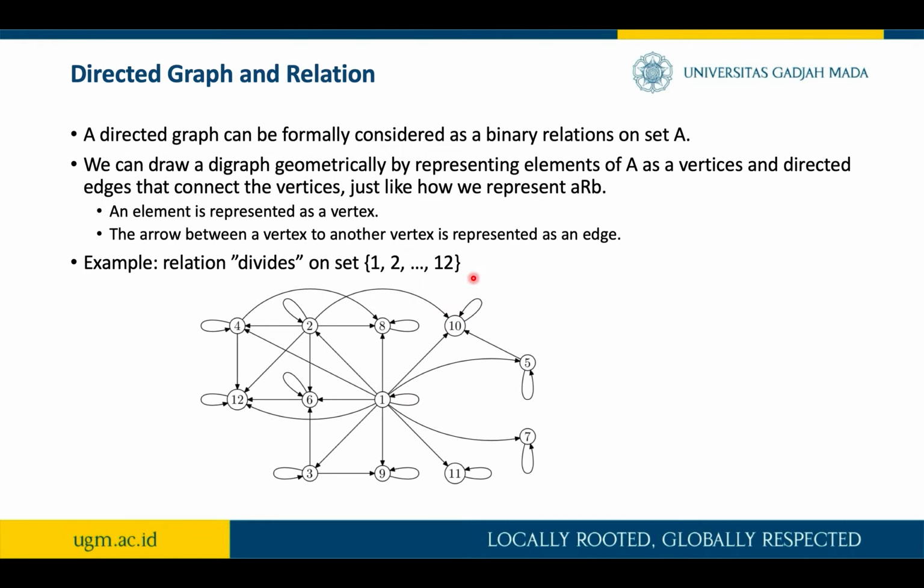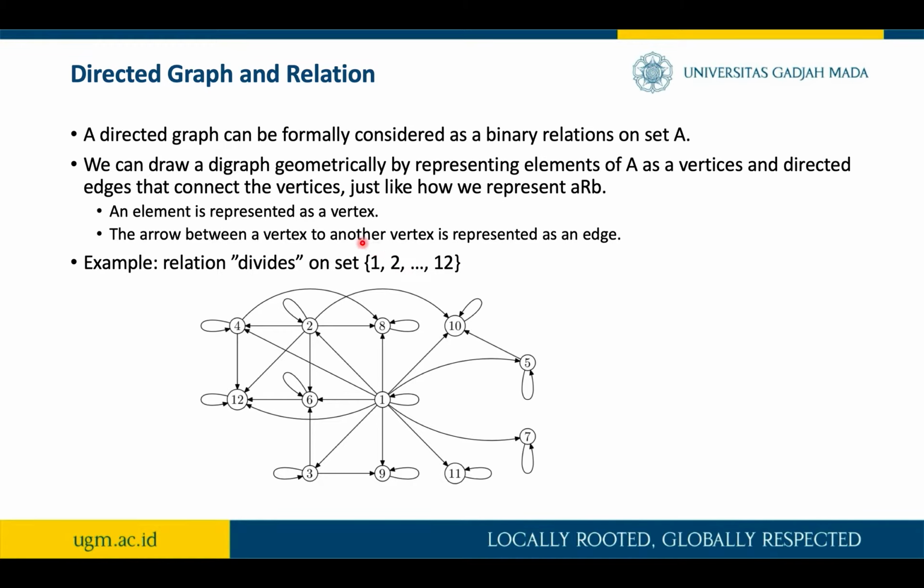Actually, a directed graph can be formally considered as a binary relation on the same set, in this case set A, because as you remember, we can also represent a relation using a directed graph.